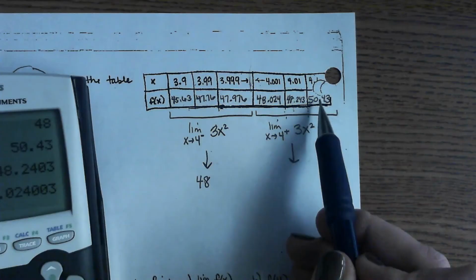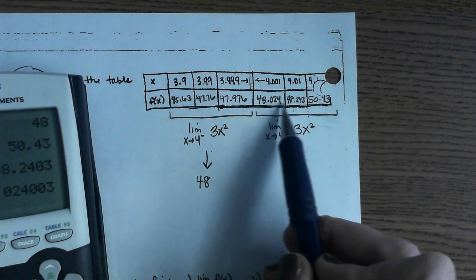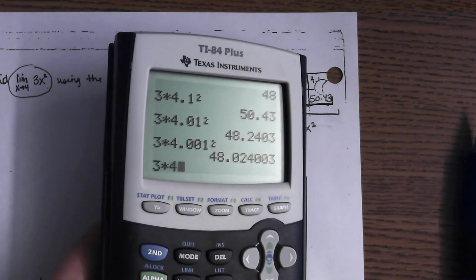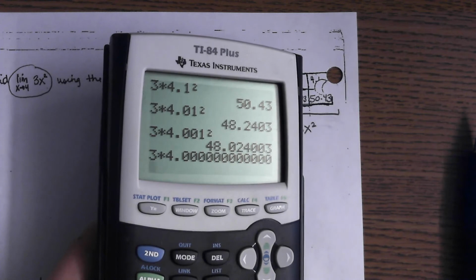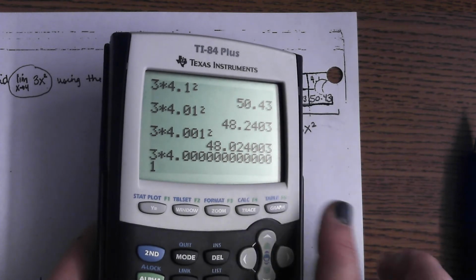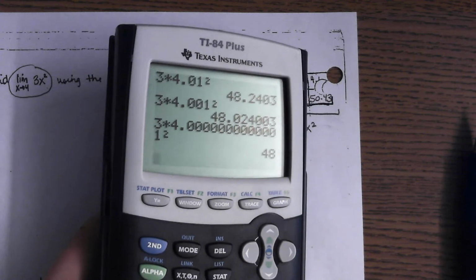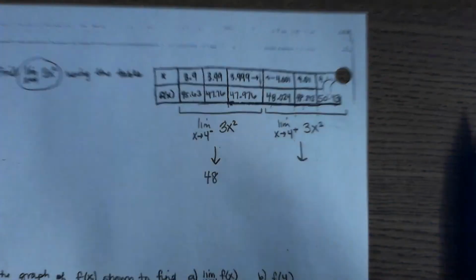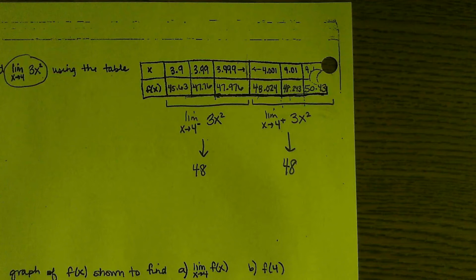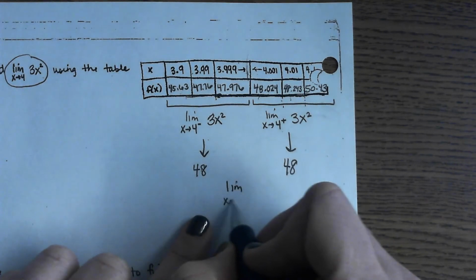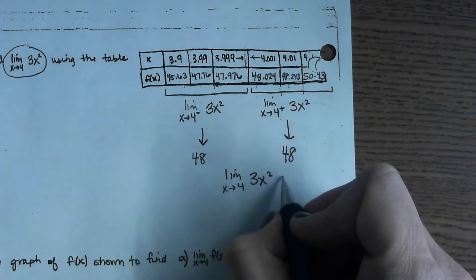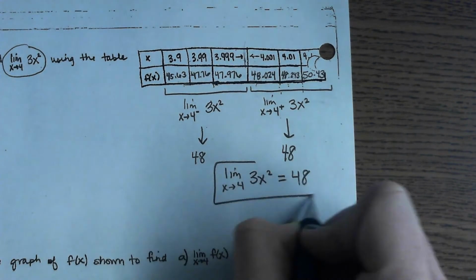So you can probably see that it's also approaching 48 coming from the right, but if you weren't 100% convinced, do 3 times 4.0 with a ridiculous number of zeros followed by the 1, squared, and again, your calculator will just give it to you. Okie doke? All right, so these are both 48, and so since coming from the left and coming from the right match, your limit as you approach 4 of the function 3x squared is 48.